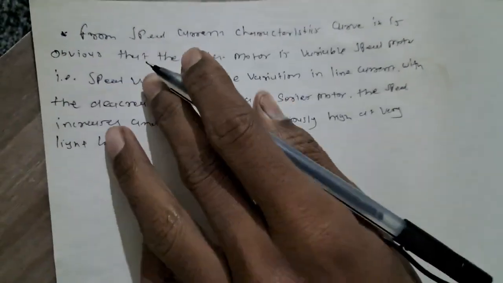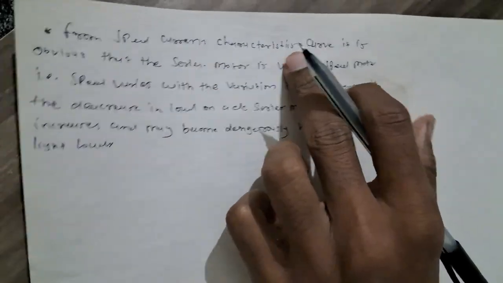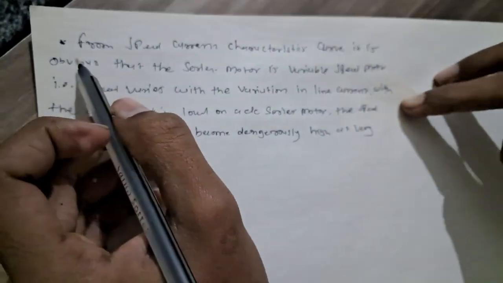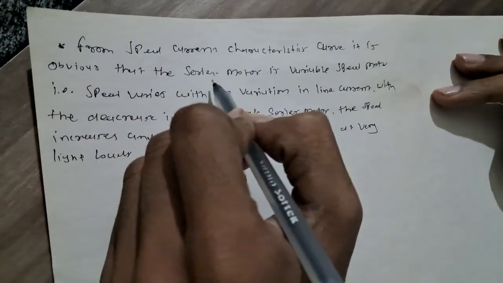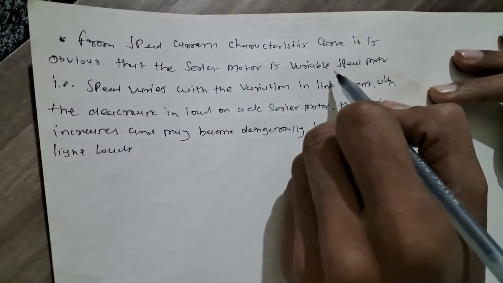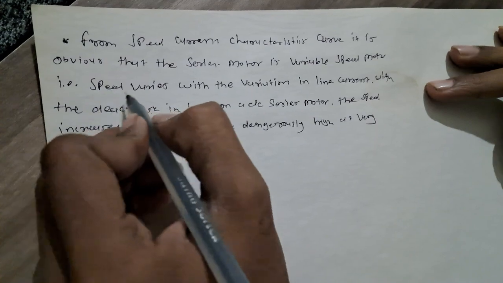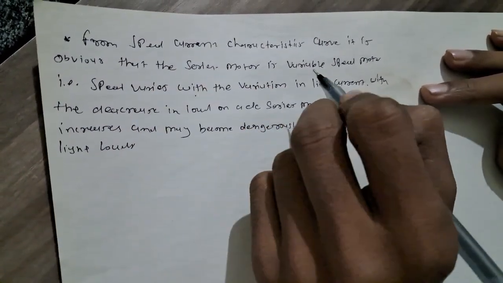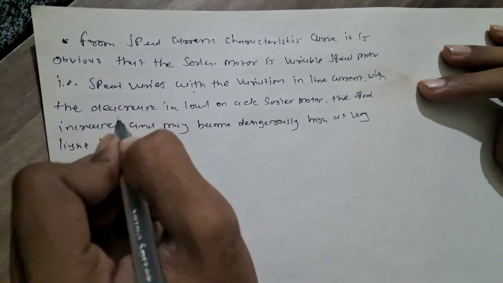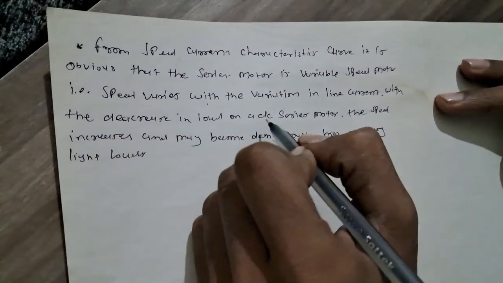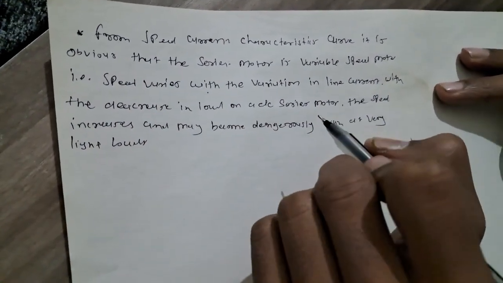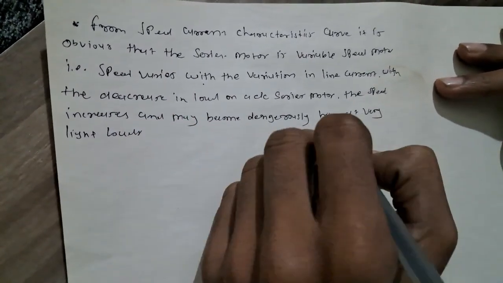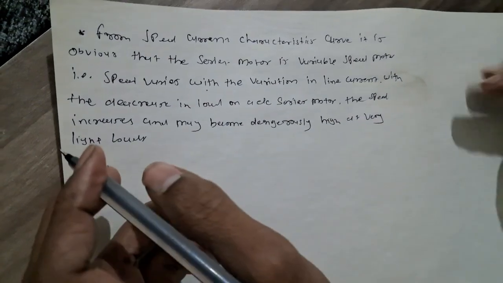From the speed-current characteristic curve it is obvious that the series motor is a variable speed motor, that is, speed varies with the variation in line current. With the decrease in load on a DC series motor, the speed increases and may become dangerously high at lighter loads.